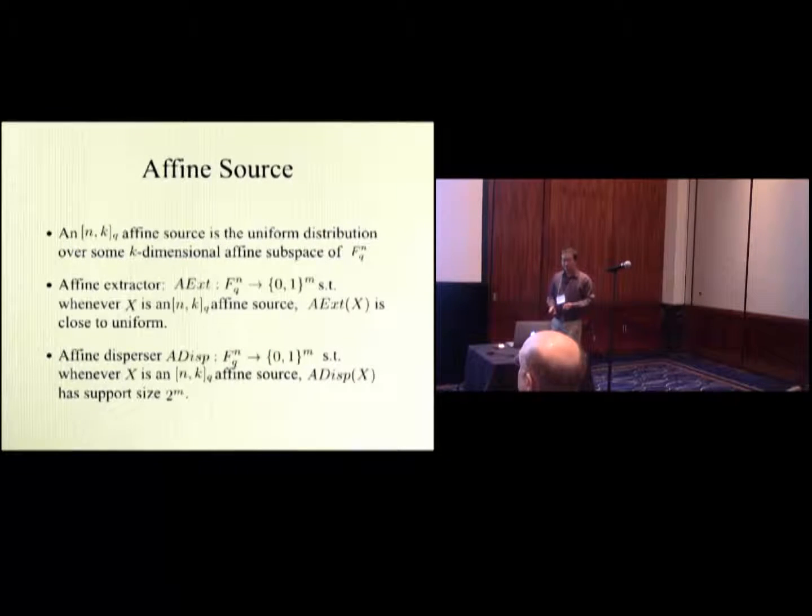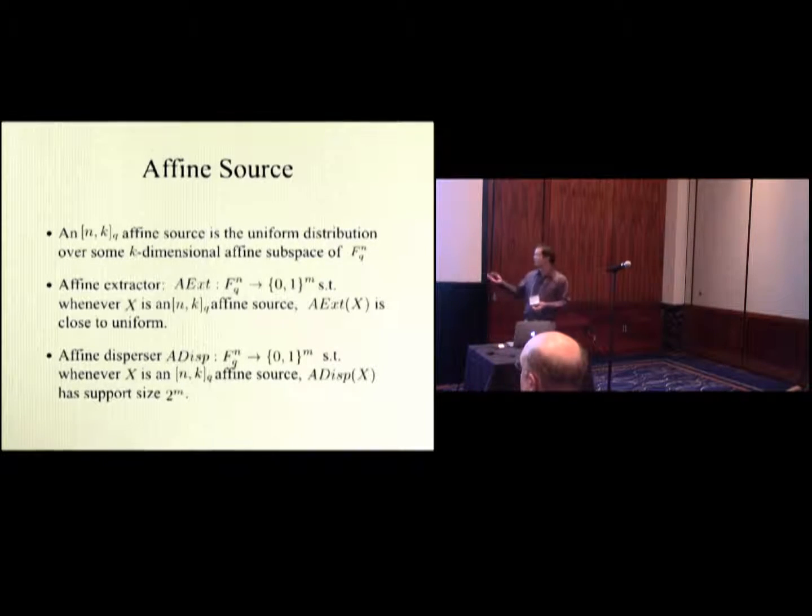So formally, we define an affine source to be a uniform distribution over an unknown k-dimensional affine subspace. Again, here we have a vector space over the field F_q. And when we say affine extractor, it means we have a deterministic function that takes any element in this vector space and outputs an m-bit string, such that whenever X is a k-dimensional affine subspace, the output is close to uniform.